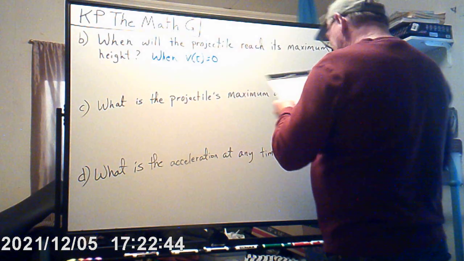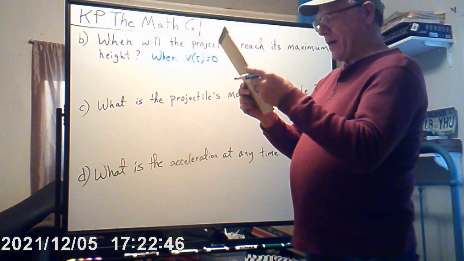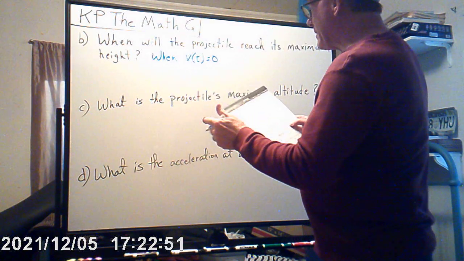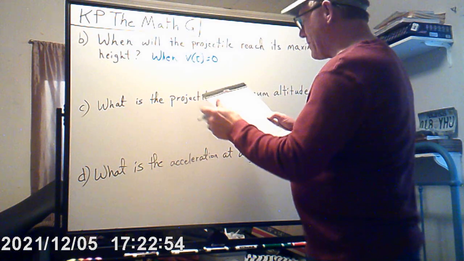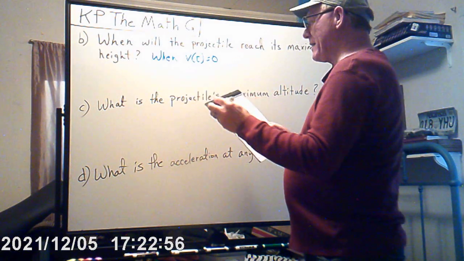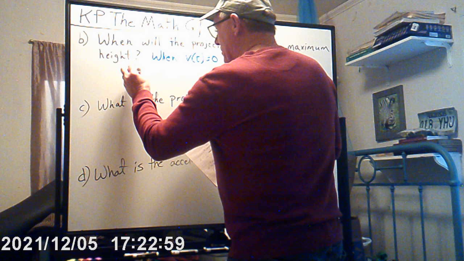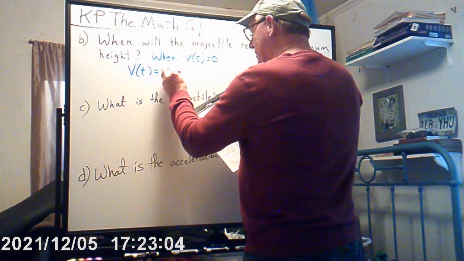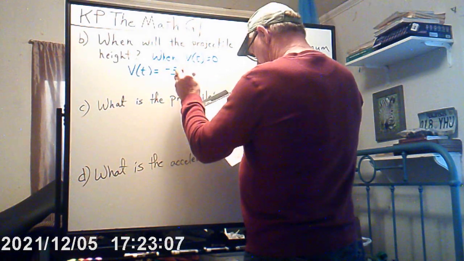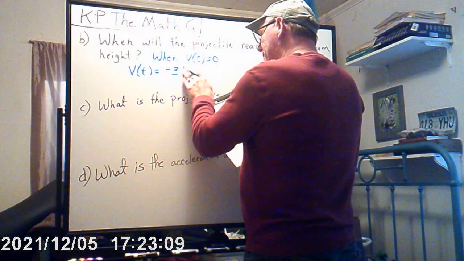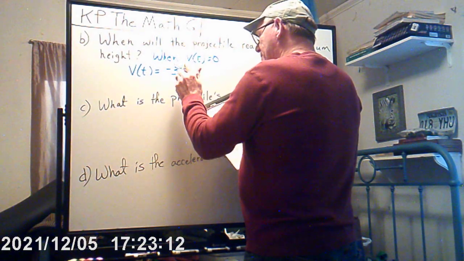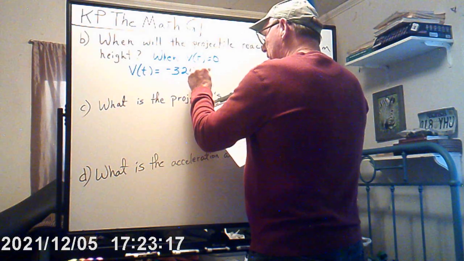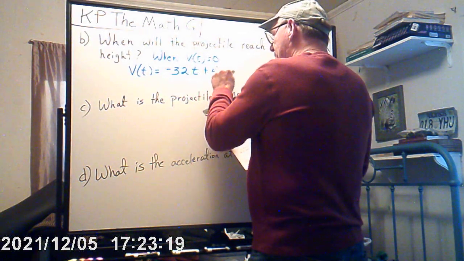Fortunately for me, I do keep up with my problems here. Remember, v at t was the derivative of s at t. So we found v at t already. v at t was equal to negative 32t plus 480.